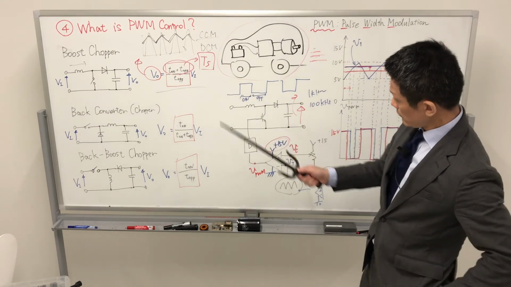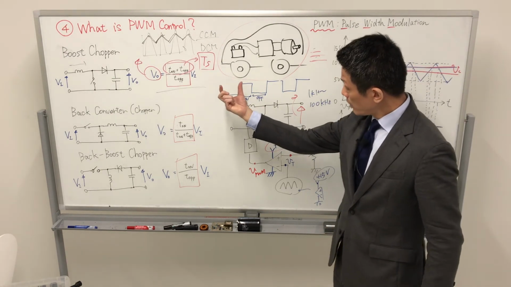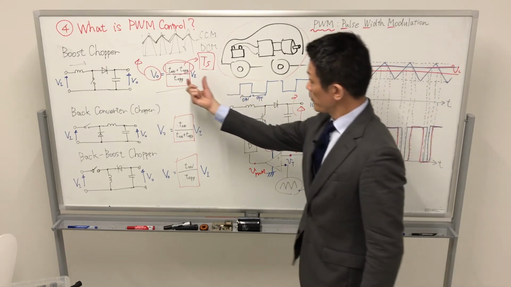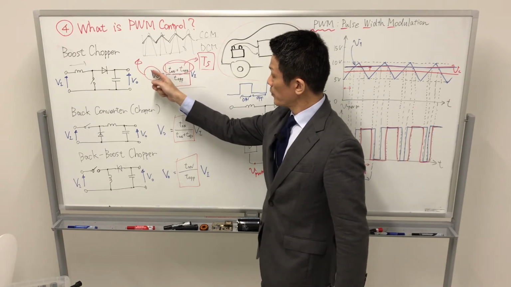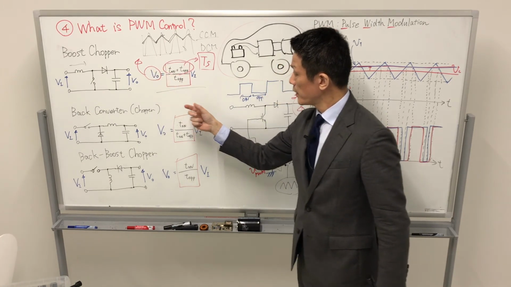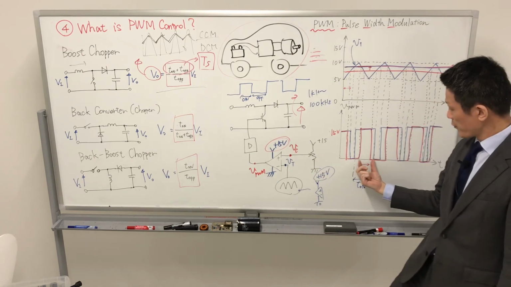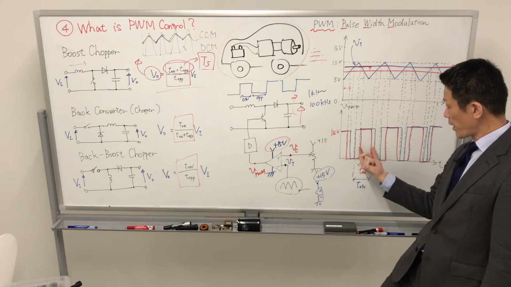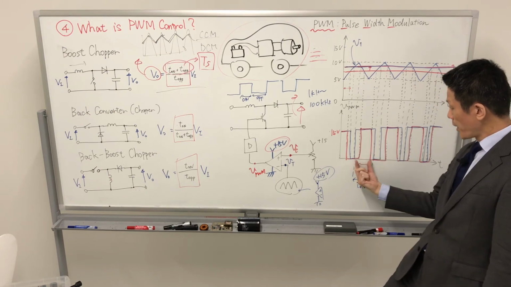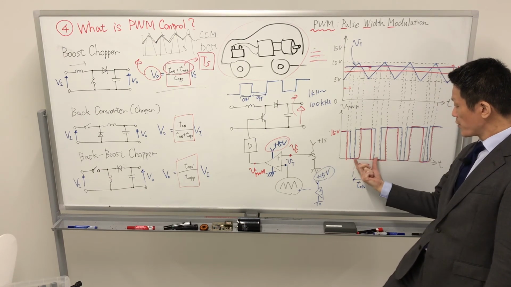So when the turn on and turn off term is changed, we can obtain the target voltage. That timing is changed, the pulse width. The turn on term, the pulse width, is changed.